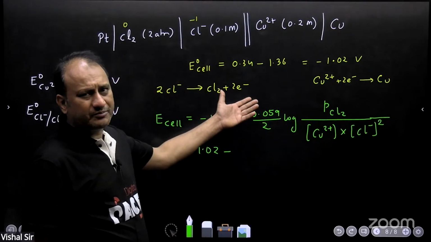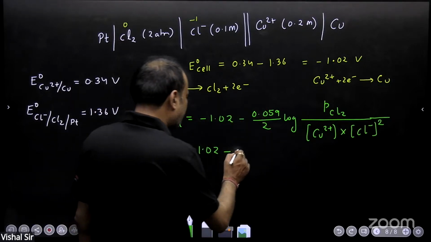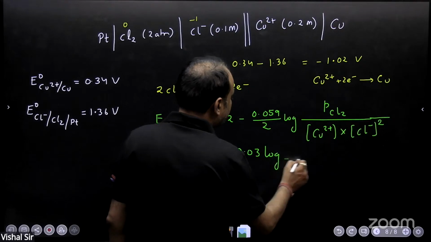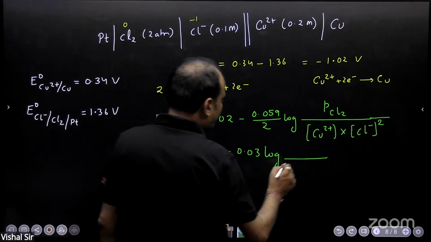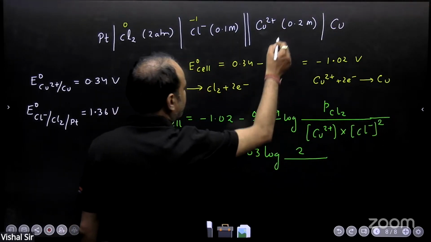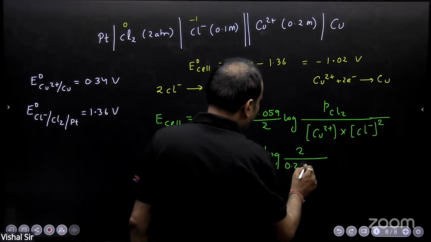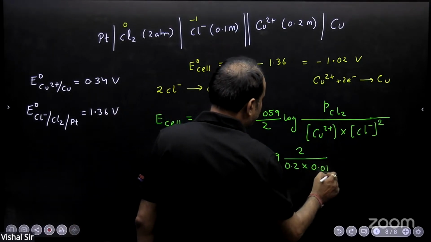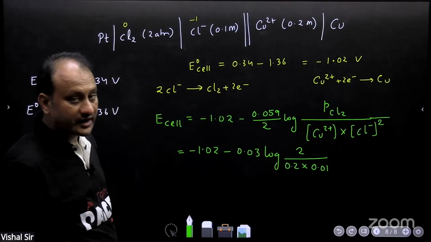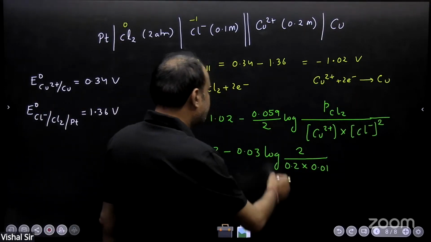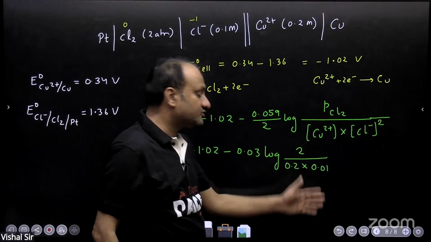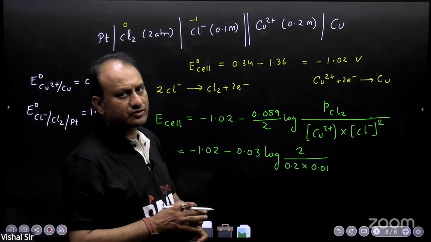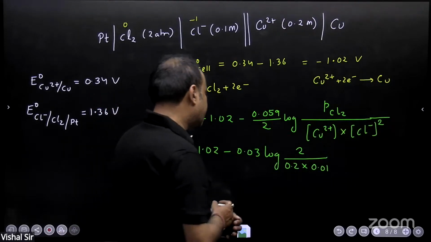You can take 0.06 also, it does not matter and will give almost the same answer. Partial pressure of chlorine gas 2 atm, copper ion 0.2 molar, Cl minus squared 0.01. Correct? So how much will this become? This will become 10 raised to 3. Log of 10 raised to 3 will be 3.